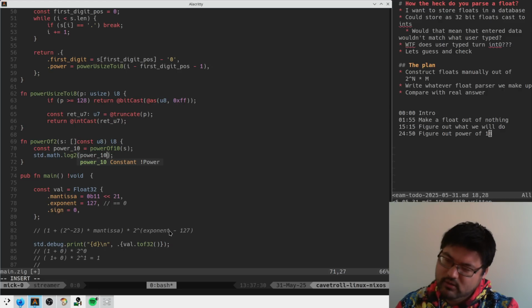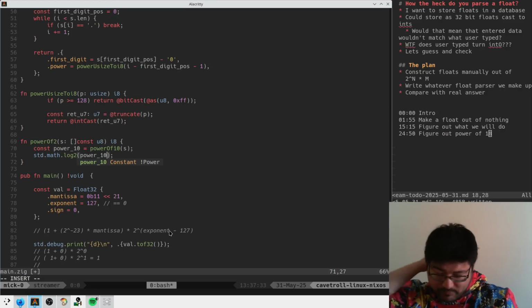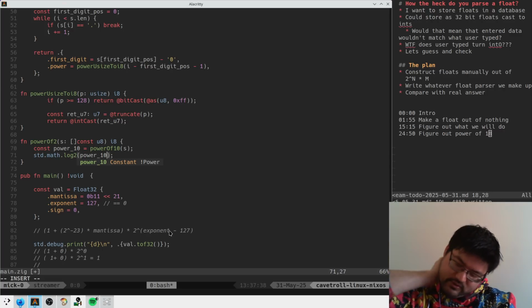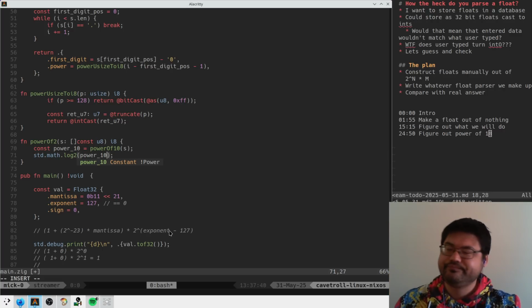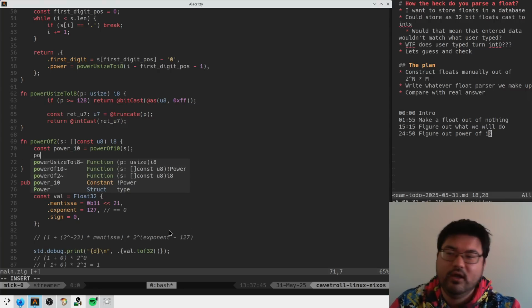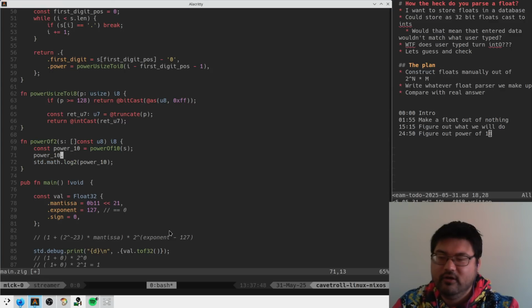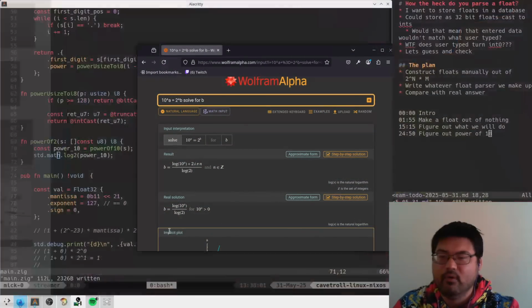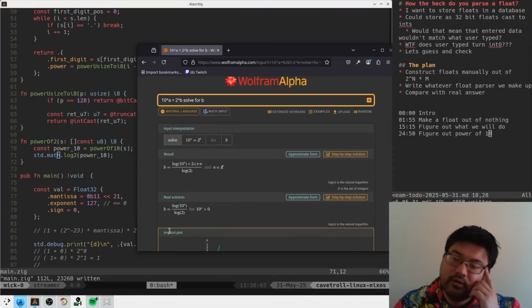I guess we might end up with a number that's not representable, which is kind of interesting. If we were to just do the stupid thing here and do power 10 number times 10 to the power of a thing, then we might end up with a number that's not representable as an I64. So we might have to get more intelligent about this.